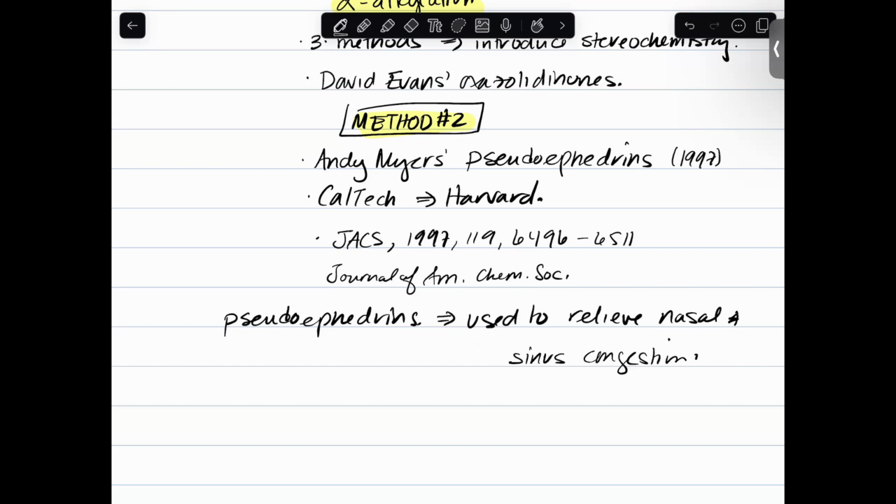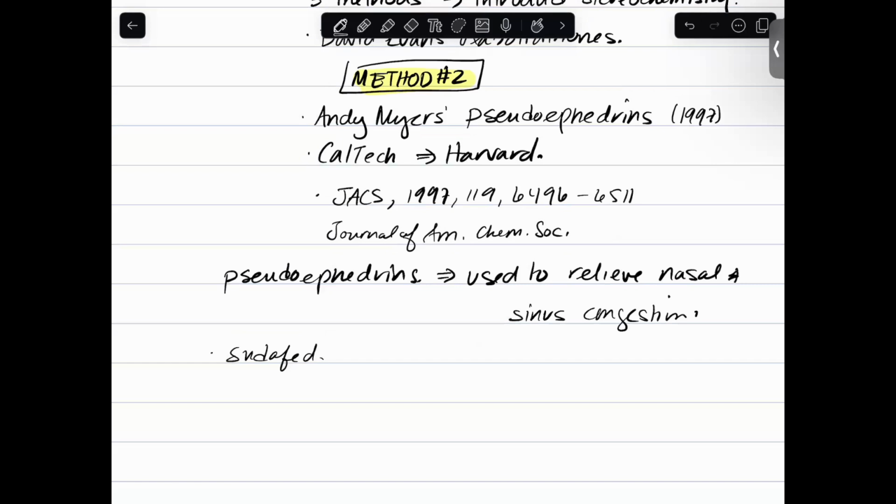And so if you've ever bought Sudafed to relieve nasal and sinus congestion, you're taking pseudoephedrine. Okay, so it's pretty cheap. Clearly, it's commercially available. It's a natural substance.